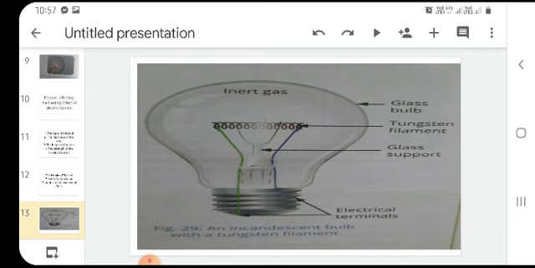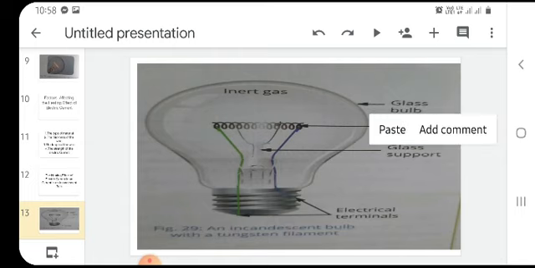Third, a mixture of argon and nitrogen is filled inside the sealed casing of the bulb. Why? To prevent the filament from burning. The filament continues to glow as long as the current keeps flowing through it, and bulbs with such filaments in them are known as incandescent bulbs.